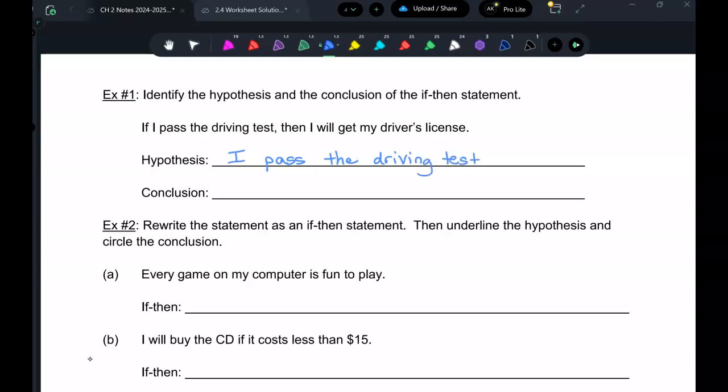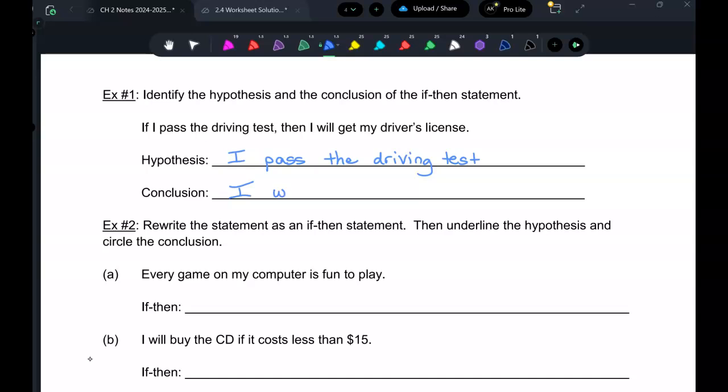Everything that comes after the word if up until you get to the comma, that's the hypothesis. The conclusion is I will get my driver's license.